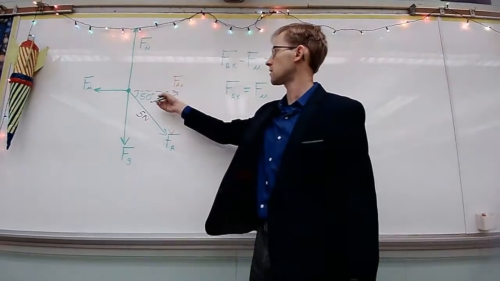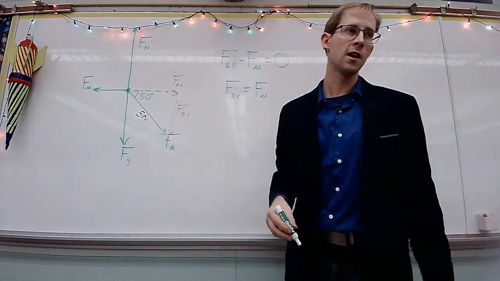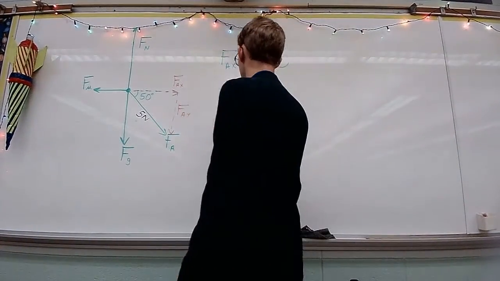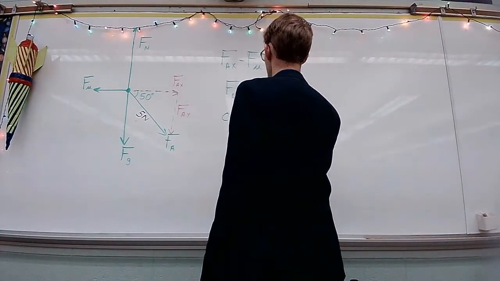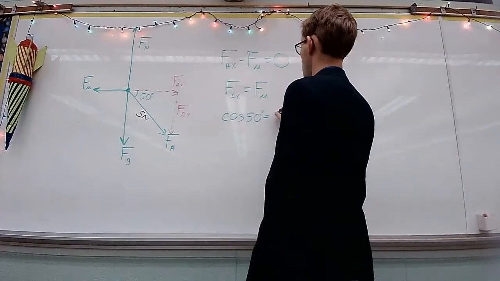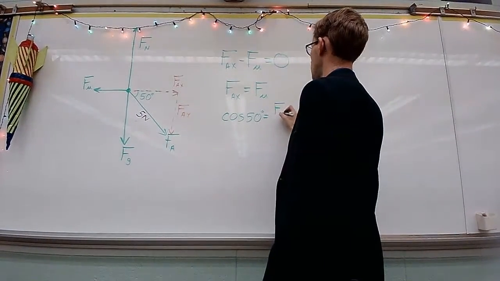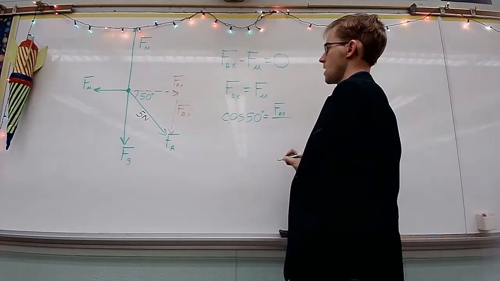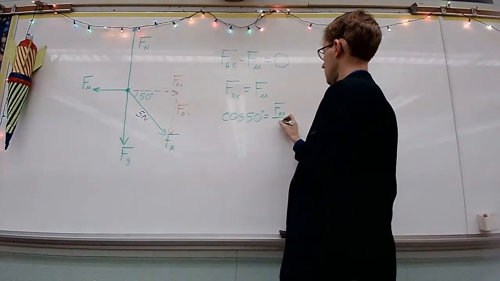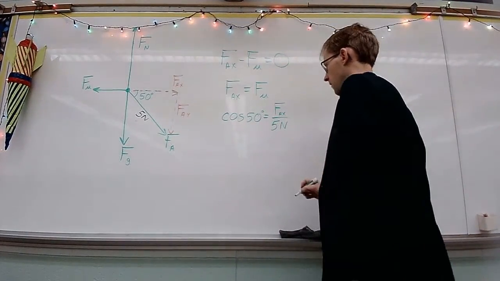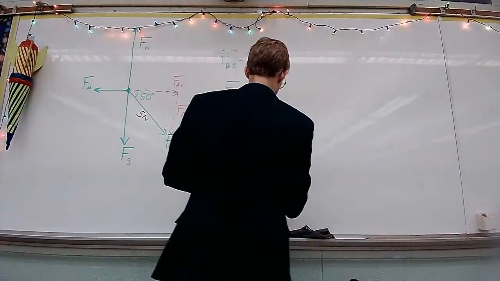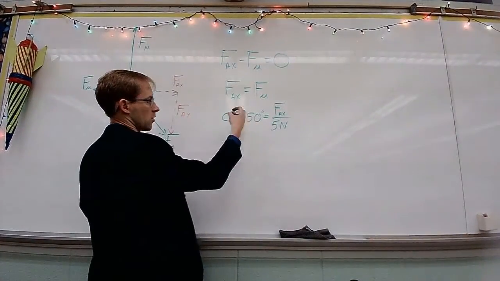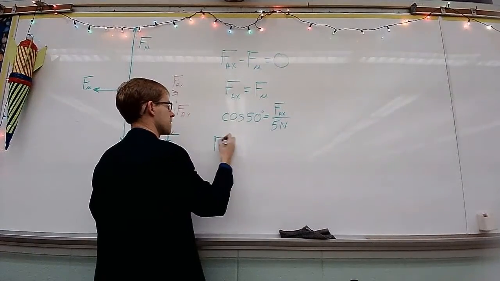And I can do that. It's the adjacent side of this 50-degree angle, so that means I'm going to be using cosine. So cosine 50 is equal to adjacent, which is FAX, over the hypotenuse, which is 5. That's given to us. And if I want to solve for the applied force in the x direction, it's just a matter of multiplying both sides by 5.